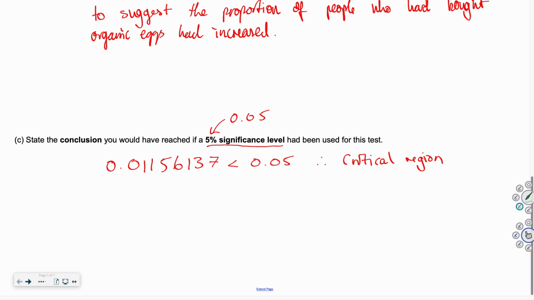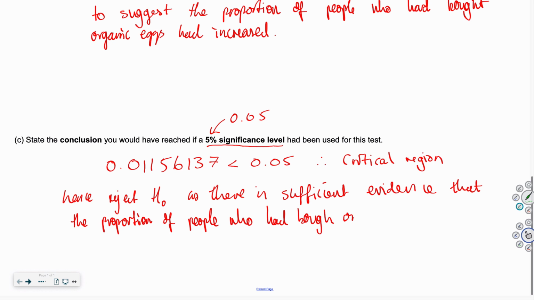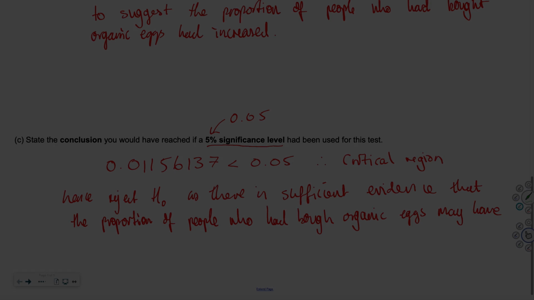And therefore, we are in the critical region. So then we would say, hence, reject H0 as there is sufficient evidence that the proportion of people who had bought organic eggs may have increased.